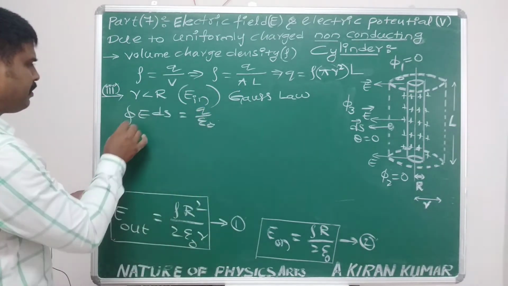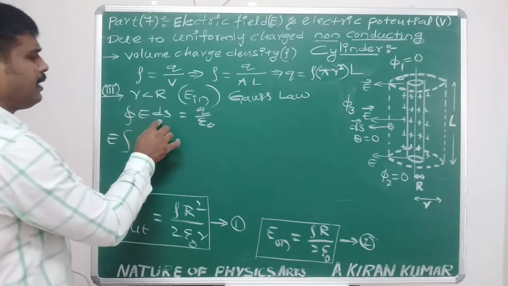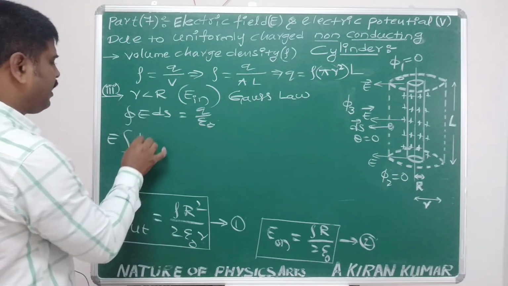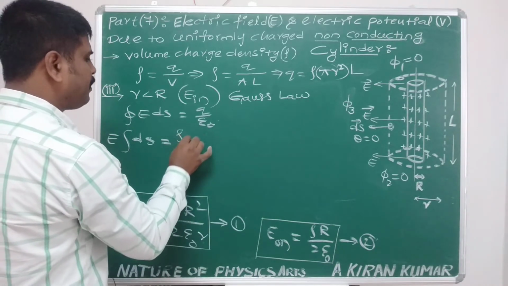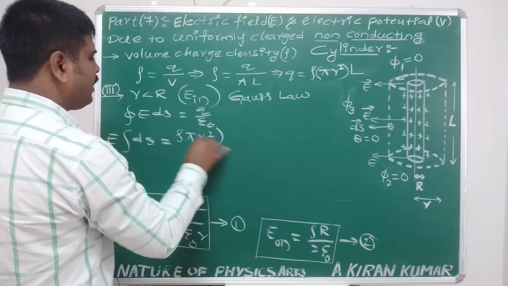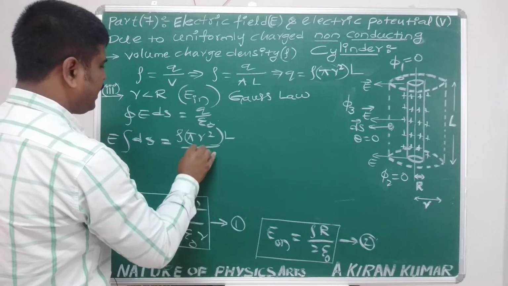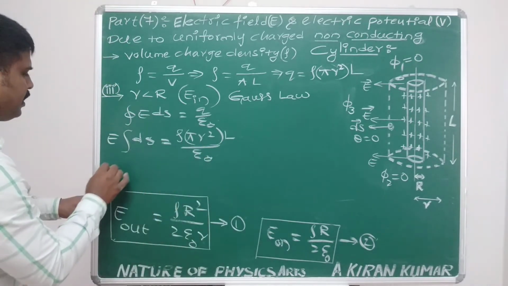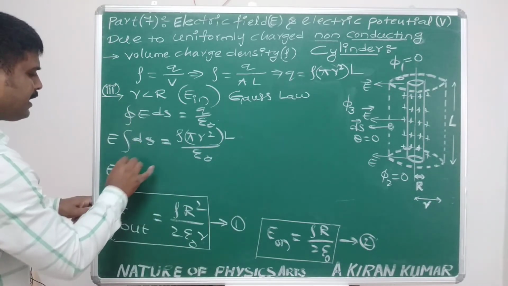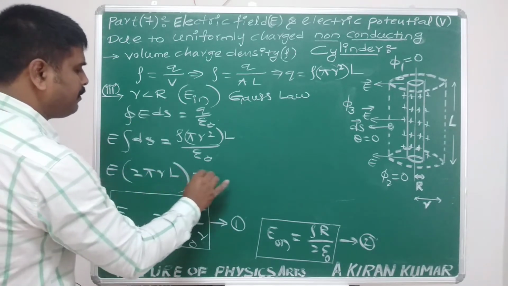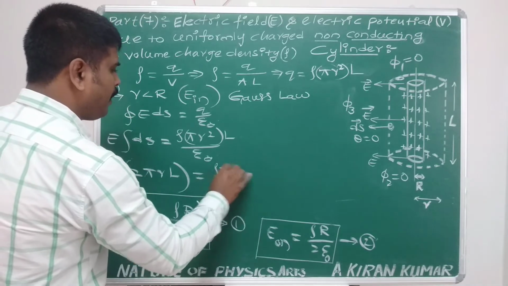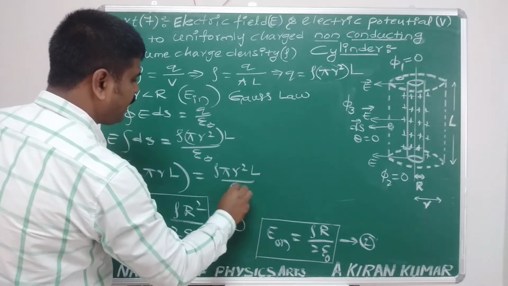The continuation: E into closed integral ds. Next step, we replace the q value, that is rho into pi r square into L divided by epsilon naught. E into the integral ds value, 2 pi r into L, is equal to rho into pi r square L divided by epsilon naught.